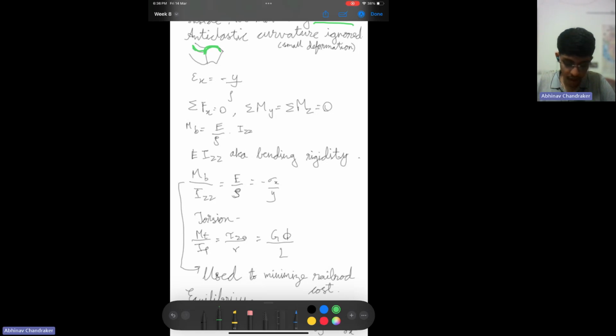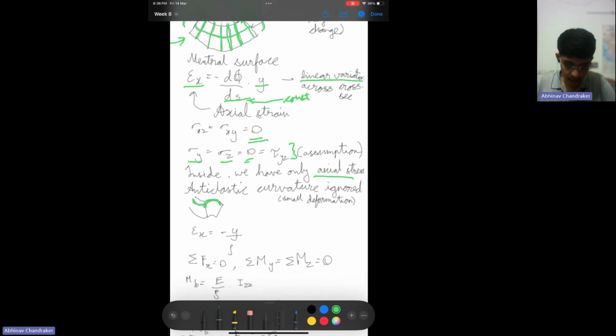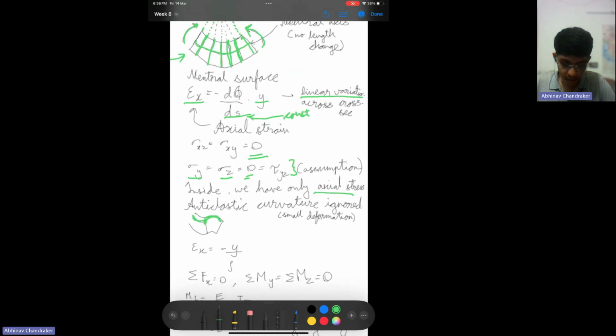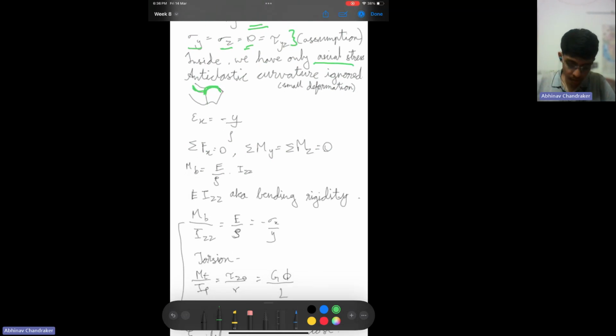Additionally, when we want to relate the axial stresses and strains with the bending moment which is being applied, we can do force balance as well as moment balance.